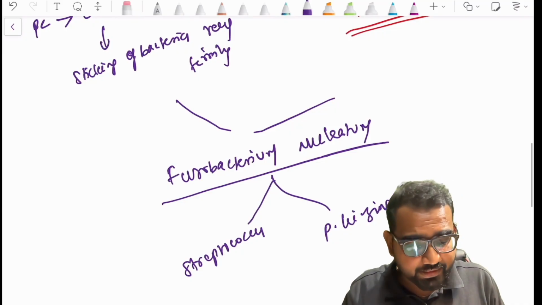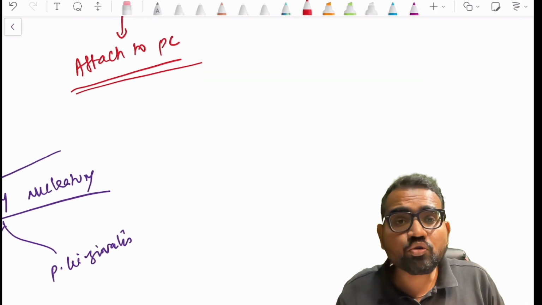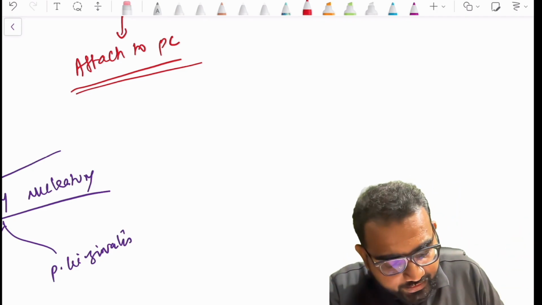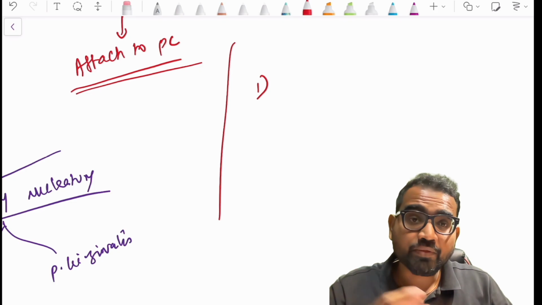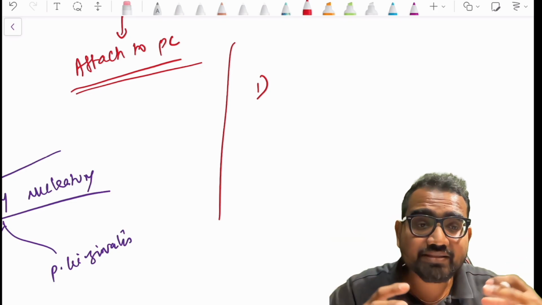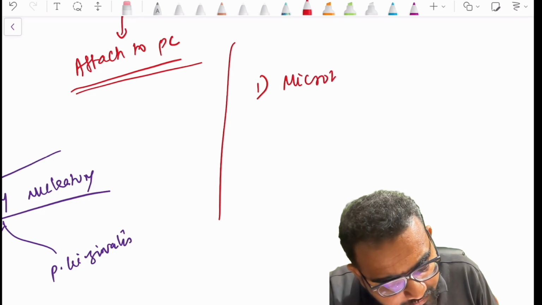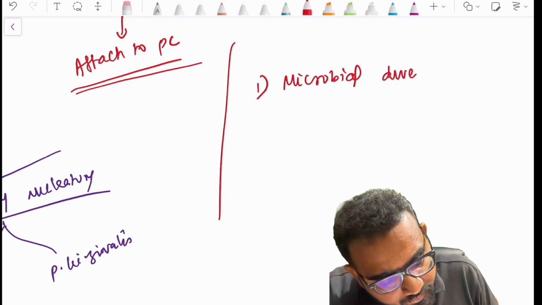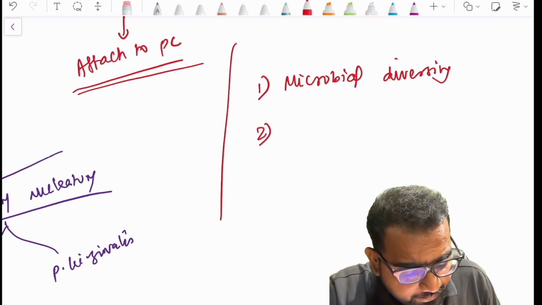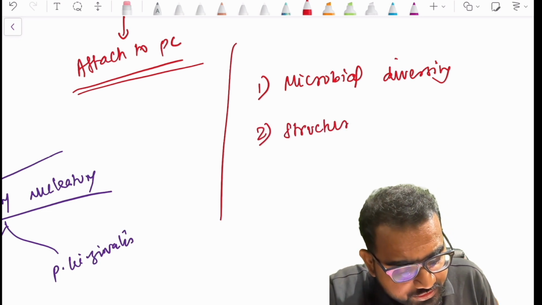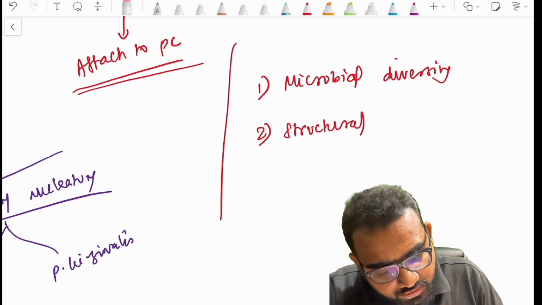In that way, a very important thing called microbial diversity is going to increase. With the help of co-adhesion and co-aggregation, the primary and secondary colonizers become friends, so the microbial diversity increases, and there is going to be a structural organization of plaque.